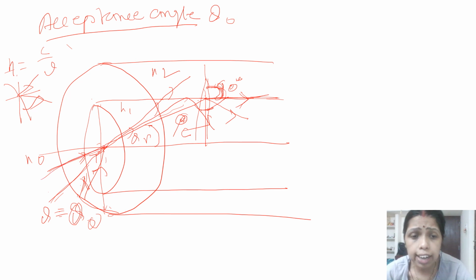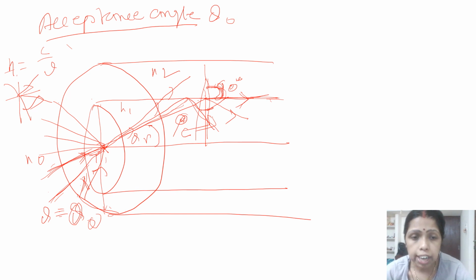If light is incident like this way, then what will happen? It will be reflected back. Whatever light is incident like this way can create total internal reflection when those rays are incident at the core and cladding interface.